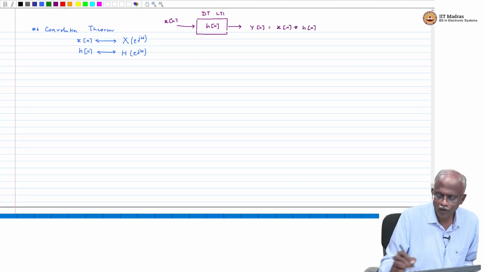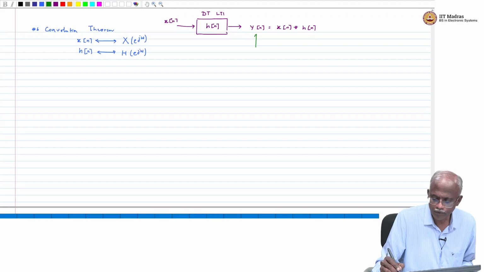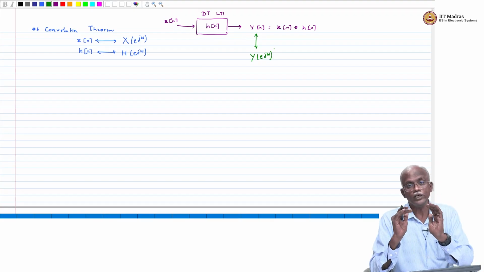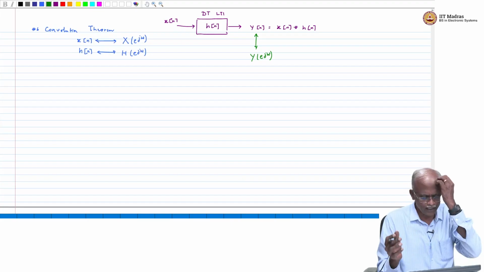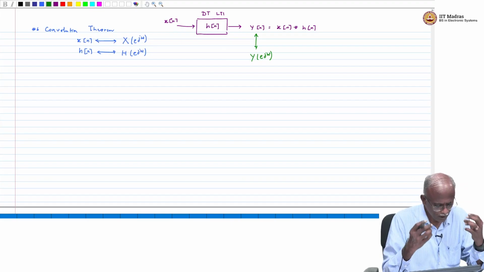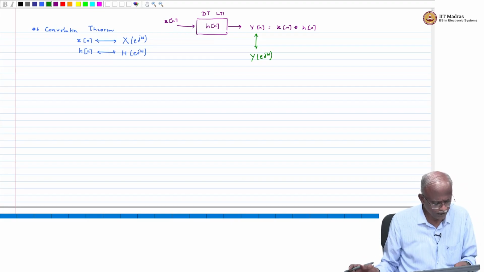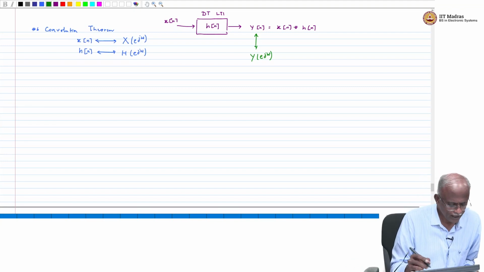Now, y of n will have a discrete time Fourier transform given by Y e of j omega. The question is, how is Y e of j omega related to X e of j omega and H e of j omega? That is again a very, very important, powerful result.